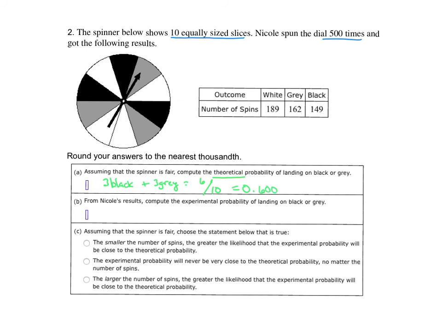She has a 60% chance, or a 6 out of 10 chance, theoretically, of landing on a gray or a black. Well, let's see what reality says. What did she land on, a black or a gray? Well, 162 gray plus 149 black equals, I'm going to do this one in my head, 311 out of 500, and that equals 0.622.